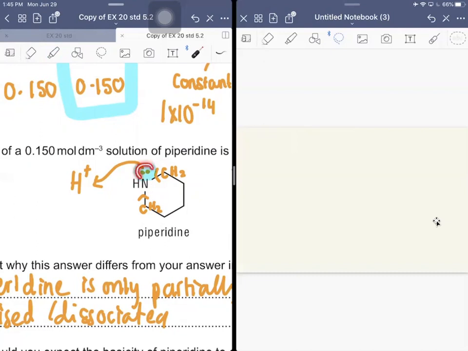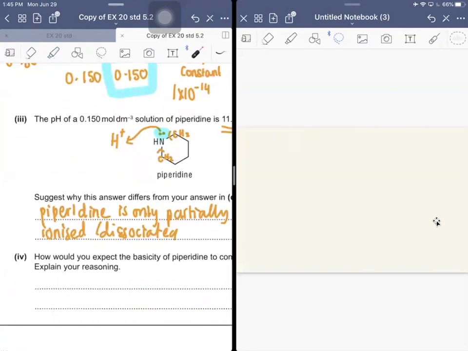So this lone pair of electrons becomes more negative. If it is more negative, that means the attraction to the H plus gets stronger. So this lone pair on the nitrogen in piperidine is more available, more attractive to the H plus, therefore it's more basic.